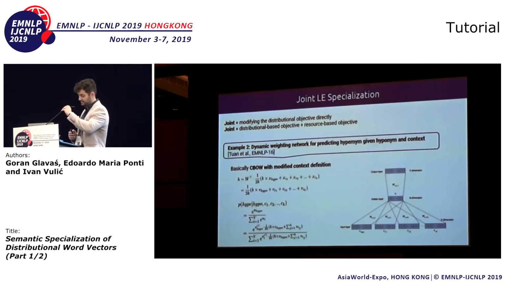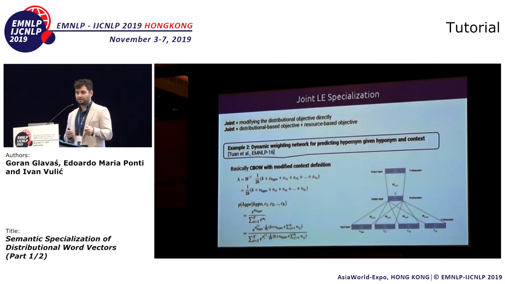Next in line is a true joint specialization model for lexical entailment, which is from Tuan, from EMNLP 16, and that's effectively a CBOW model that's been modified. Its context definition has been modified so that your center word is the hypernym, and you add to the context the hyponym of the pair.